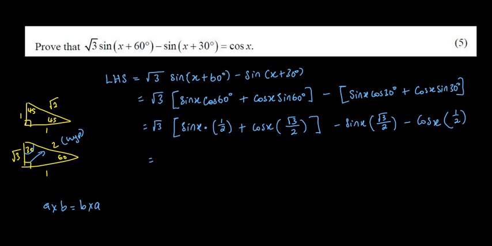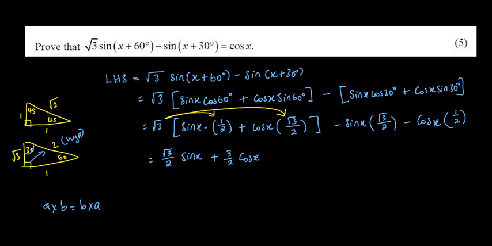Remember, now you are distributing this one inside. So you then say square root of 3 times that is going to be square root of 3 over 2 sin x. And then square root of 3 times square root of 3 there, that will be 3 over 2 cos x.